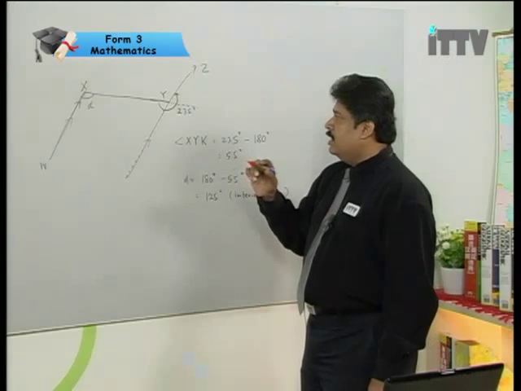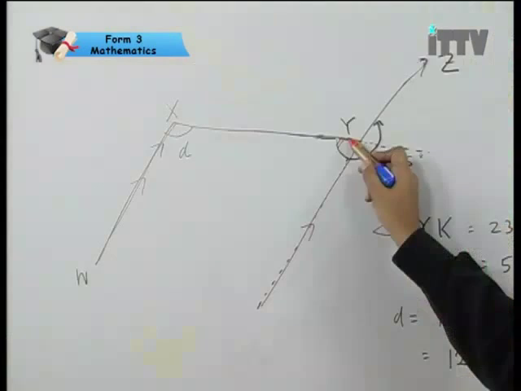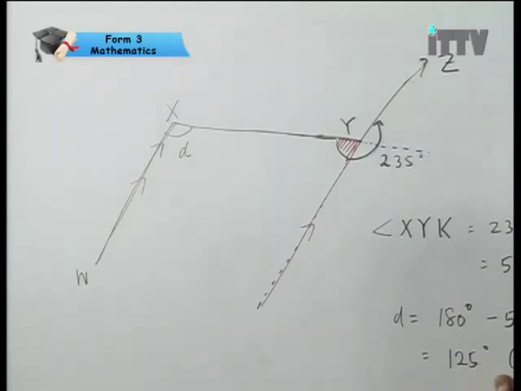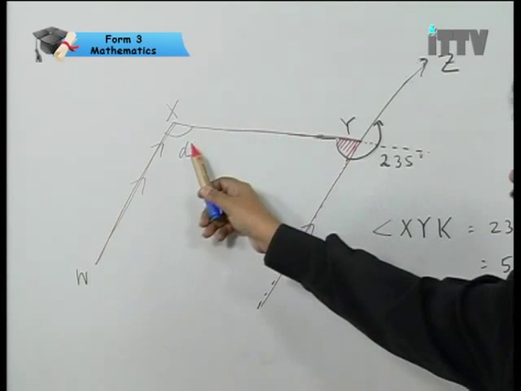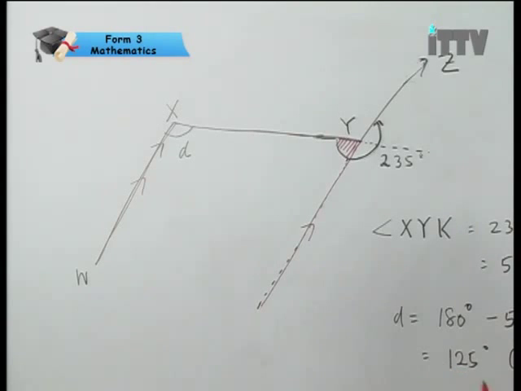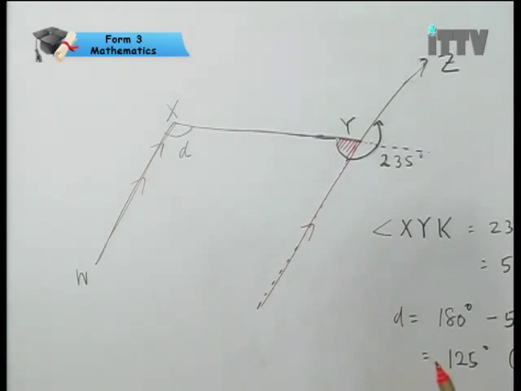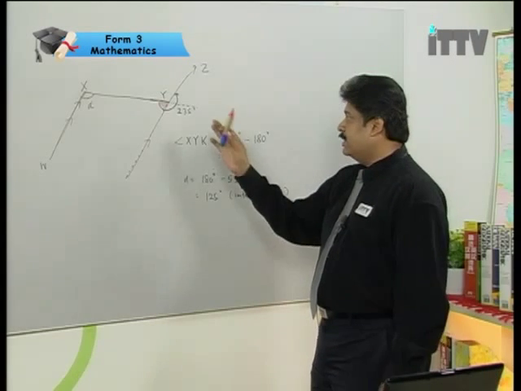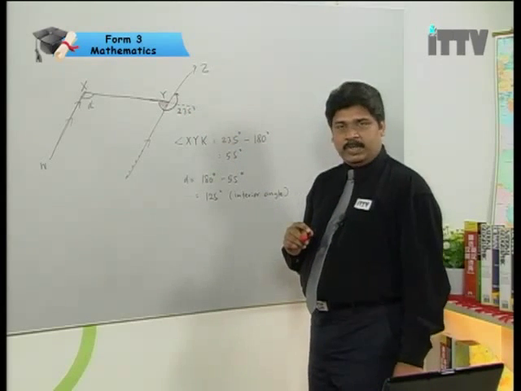The next step is to find the value on this side of the angle. Why is that so? Because if I can find the value here, then to find the value of D, all I need to do is take 180 degrees less this value. Coming back to the board, how is 235 relevant to this question?